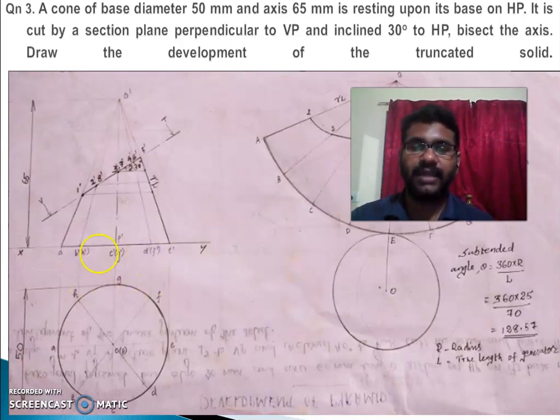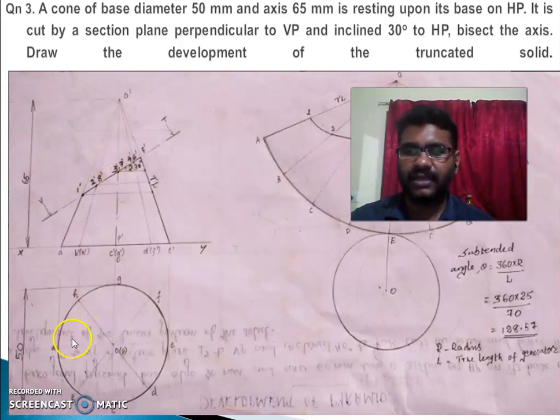So to obtain a number of imaginary edges, we divide the circle into equal divisions. The imaginary lines obtained by dividing the circle are called generators. Generator is only an imaginary edge.